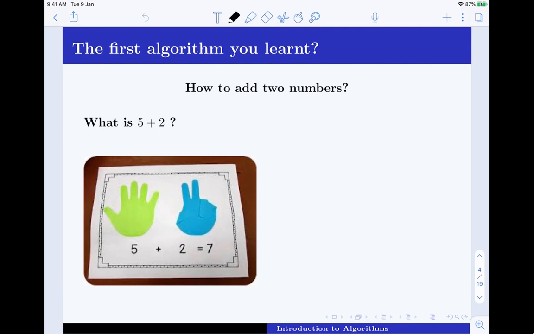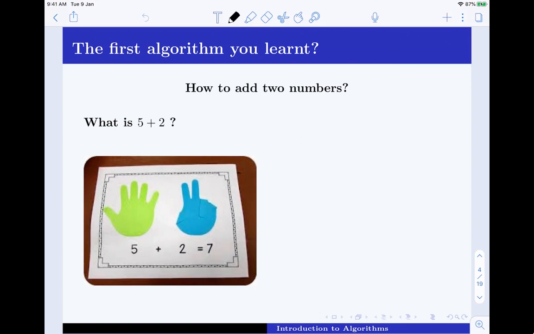But very soon in your life, you or your parents or your teacher must have realized that this kind of algorithm has a restriction. Namely, you would not be able to sum up two numbers that are slightly bigger than 5.